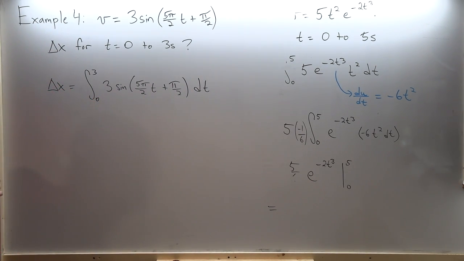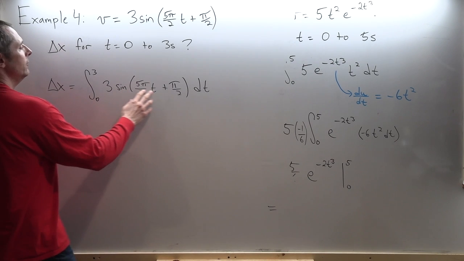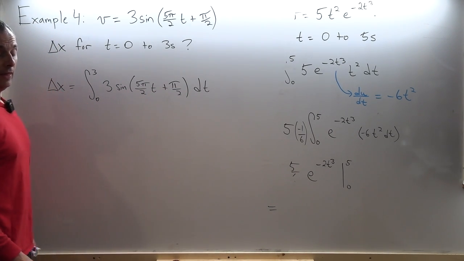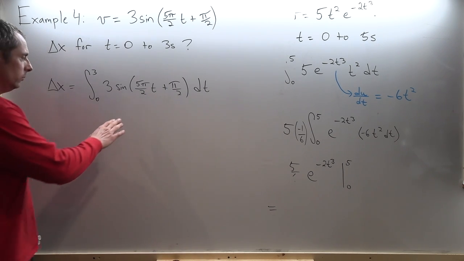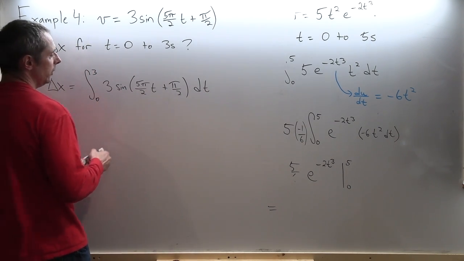Okay? Now, if I had sine of t dt, then that integrates to negative cosine. But I don't. I've got a function inside the sine.